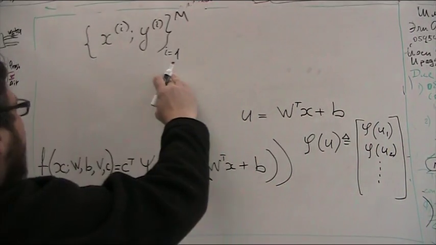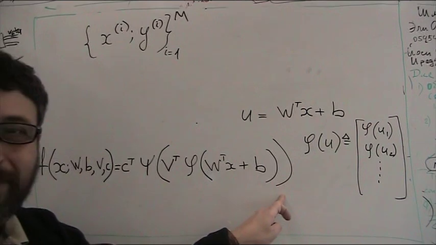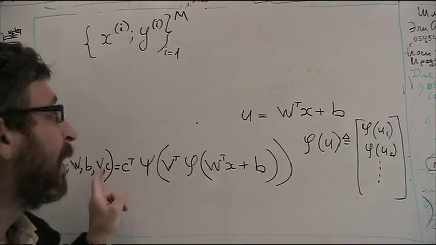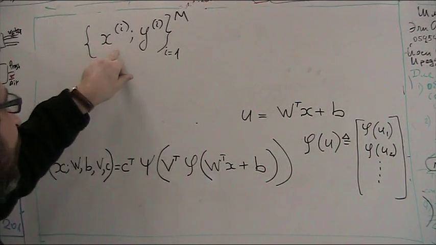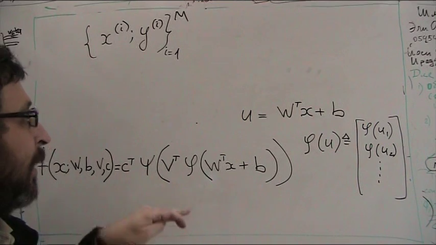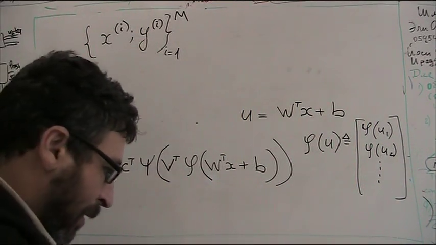And I would like to find such a function, such a neural network, to find actually the weights of this network, so that for the given set of data points, my function will approximate the y values which I measured.